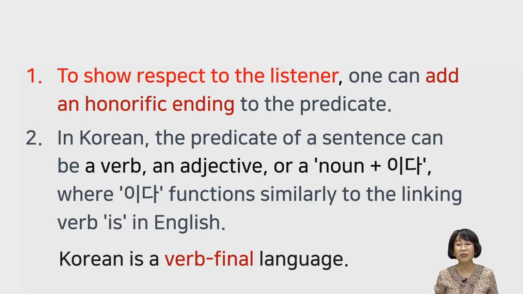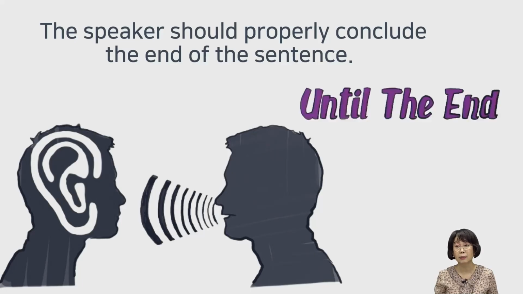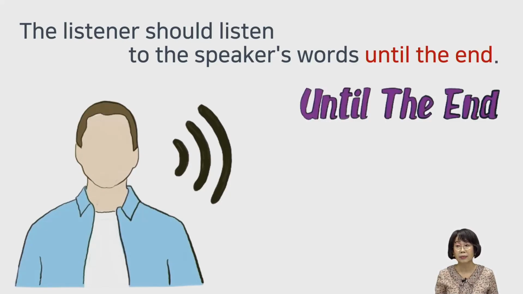Korean is a verb final language. So, the speaker should properly conclude the end of the sentence until the end. And the listener should listen to the speaker's words until the end.